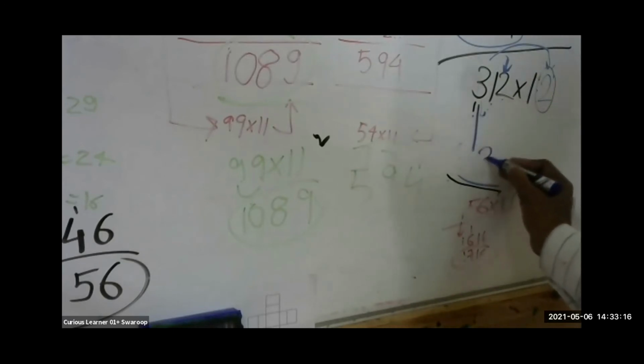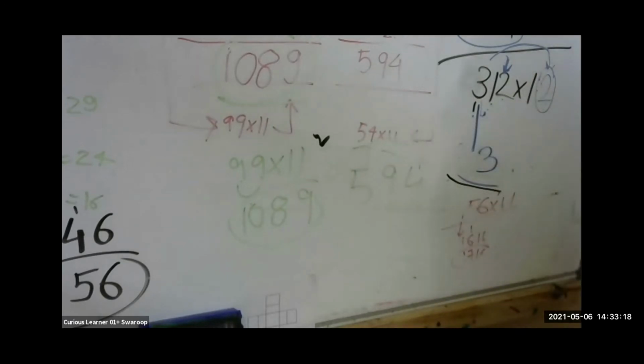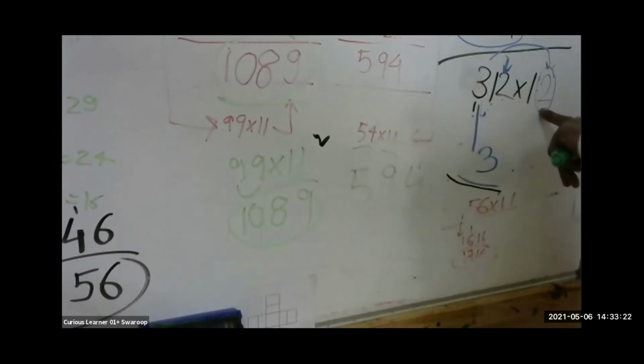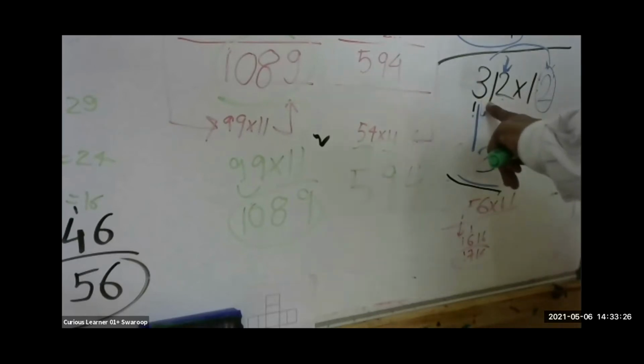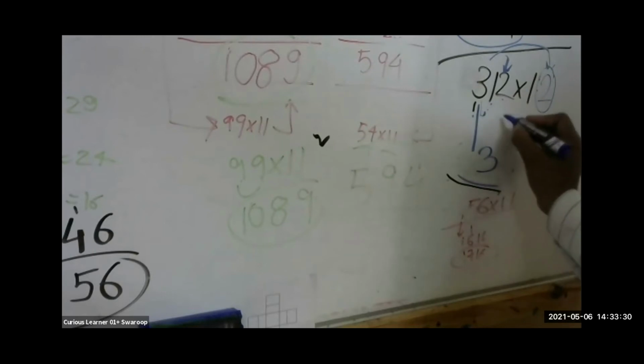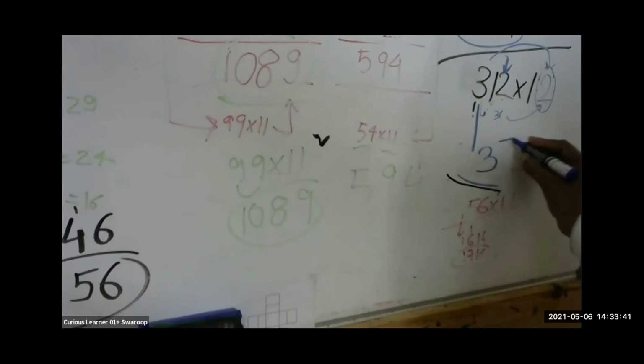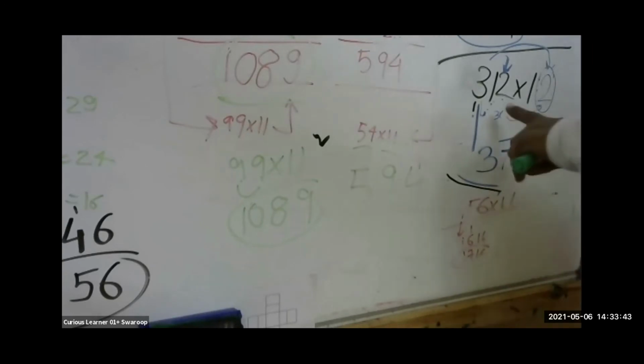The first thing is 3 as it is. Now what we will do? 3 multiply this 2 now. 6 plus 1. 3 multiply this number plus next number. That is 7.